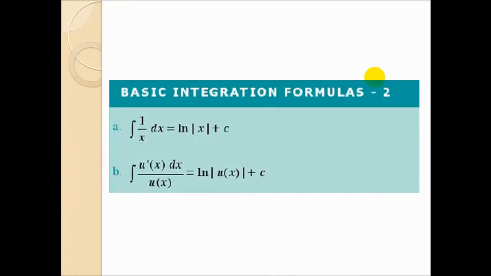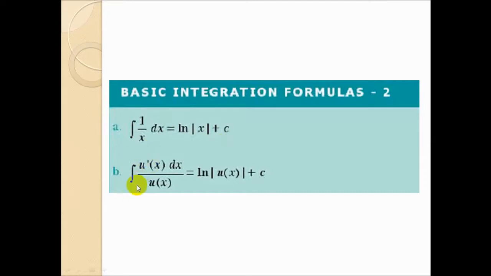Okay, the next integration formula: the integral of 1 over x dx. You must remember that the power rule cannot be used for negative 1, right? So the integral of 1 over x dx is ln absolute x plus c. So all the integrals of 1 over x are ln absolute x plus c.